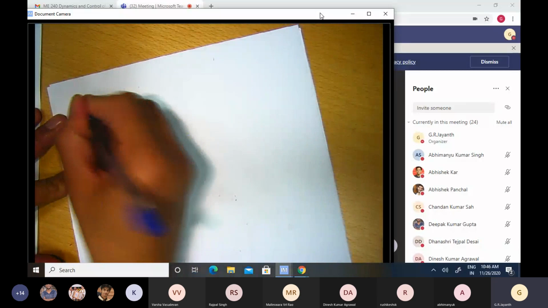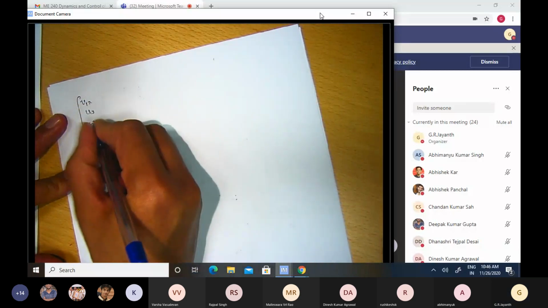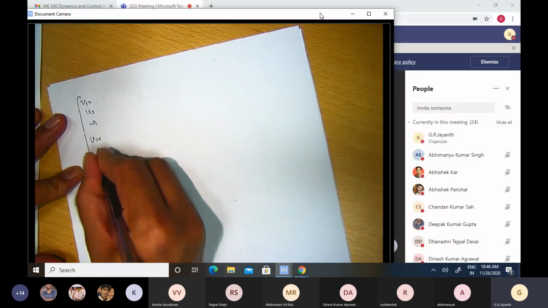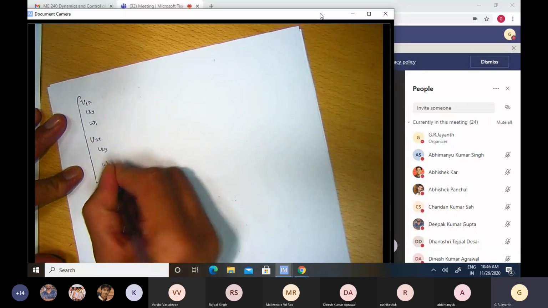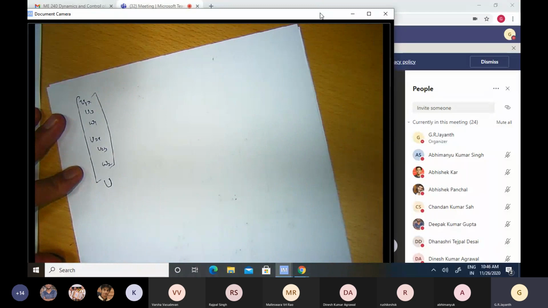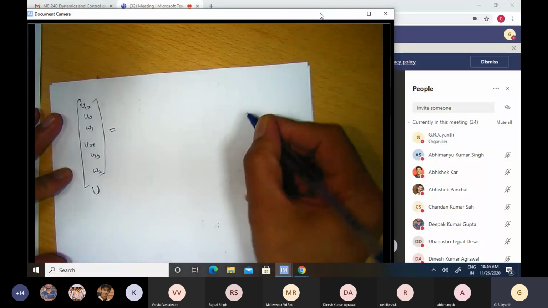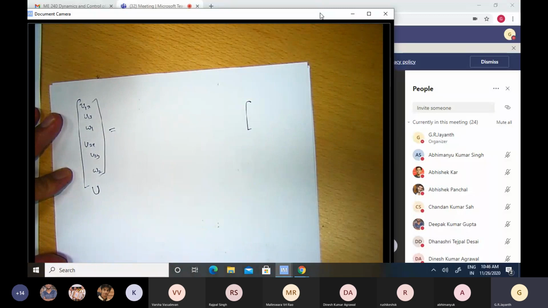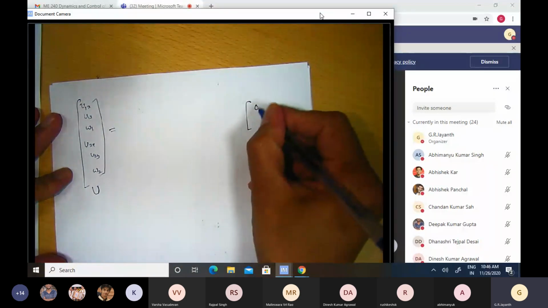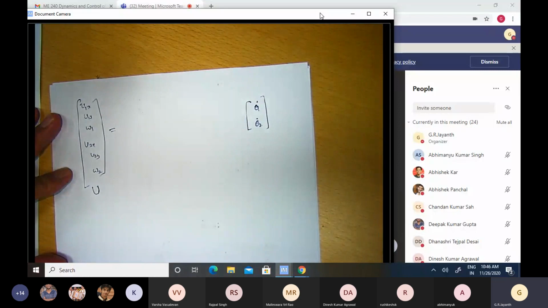So V1x, V1y, omega 1, V2x, V2y, omega 2. This is our overall vector u that we are talking about for the 2R manipulator, and it is related to the joint variables. There are only two generalized coordinates, theta 1 and theta 2.